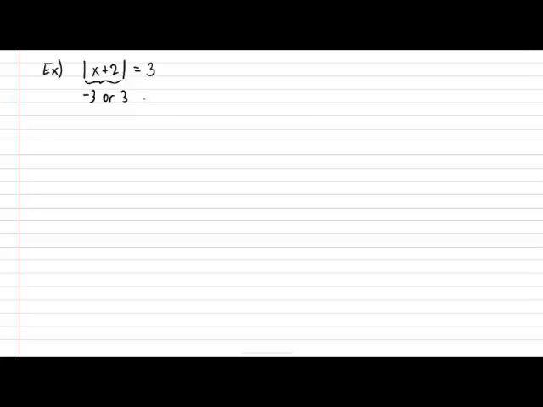Now at this stage, when you figure that out, you can actually ignore the absolute value expression itself and just focus on what's inside it, the x plus 2. So we know that the x plus 2 could equal to -3, or we know that the x plus 2 could equal to 3.